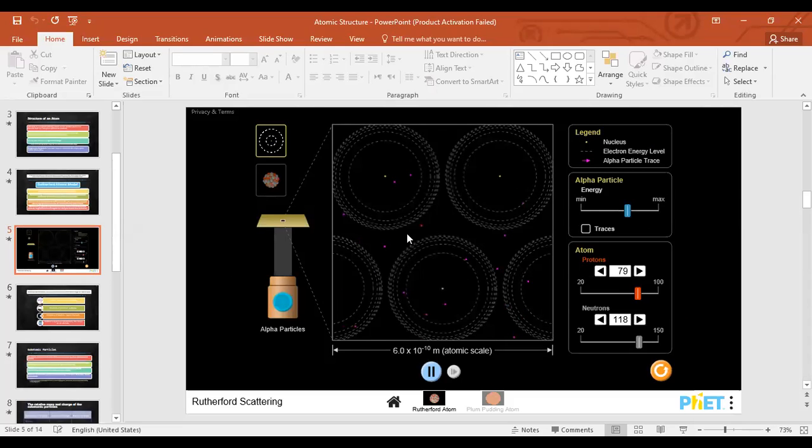These alpha particles are scattering. As the alpha particle approaches the nucleus, it gets deflected.